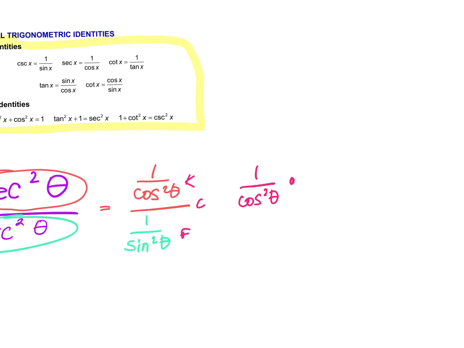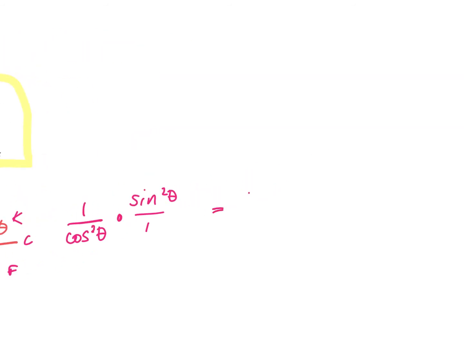What does it become? Perfect. Sine squared over 1. So when I multiply those 2 together, I get sine squared over cosine squared, which those 2 are the most basic trig functions. But if I look at my identity sheet, can I make that into one single trig function? Sine over cosine is what? So this would be tangent squared theta.